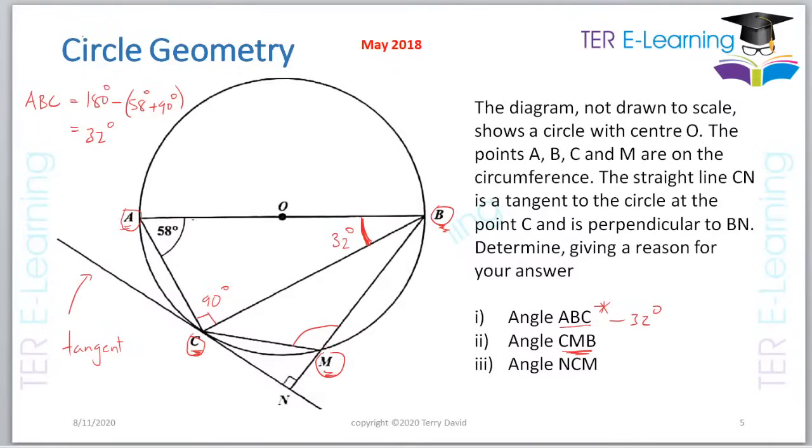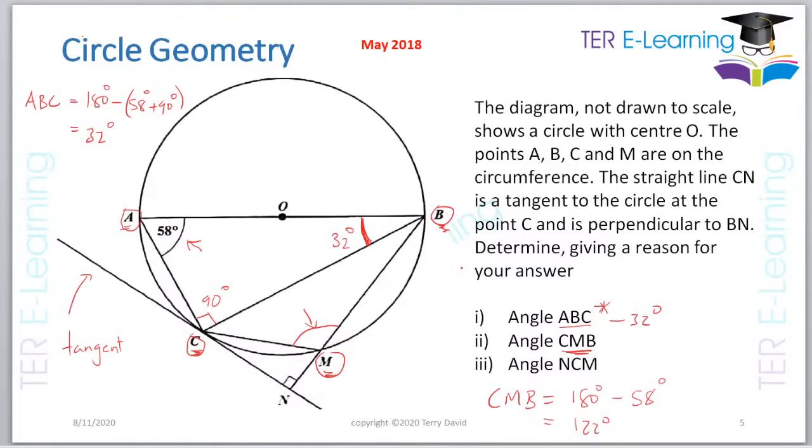So if you know this angle here is 58, you can figure out this angle here. So angle CMB will simply be equal to 180 degrees minus 58 degrees, and that'll give us 122 degrees, right?